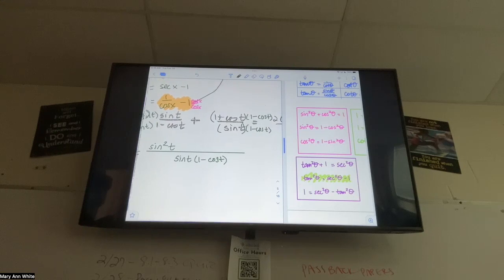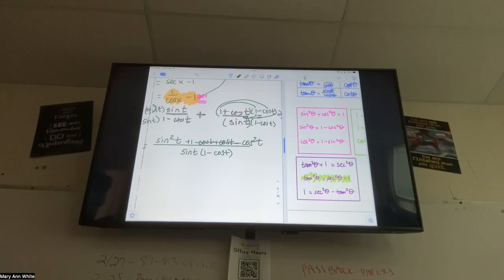Now I'm gonna distribute this over here. 1 times 1 is 1. 1 times negative cosine is minus cosine. Cosine times 1 is positive cosine. And then cosine times negative cosine is negative cosine squared. All right, we can cross out those cosines, right?